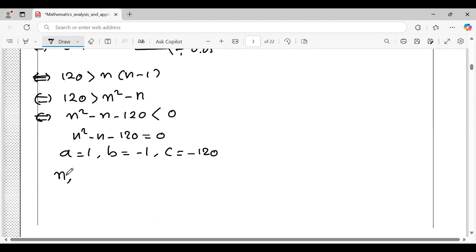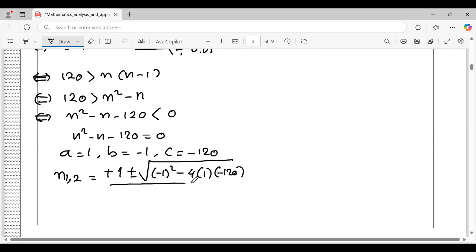And n1 and n2 is minus of minus 1, which means positive 1, plus minus square root of minus 1 squared minus 4 times 1 times minus 120, over 2 times 1.